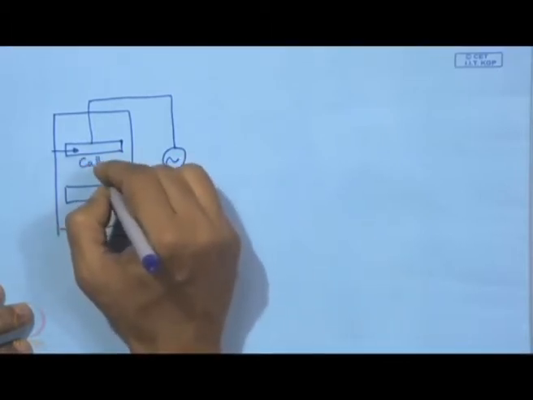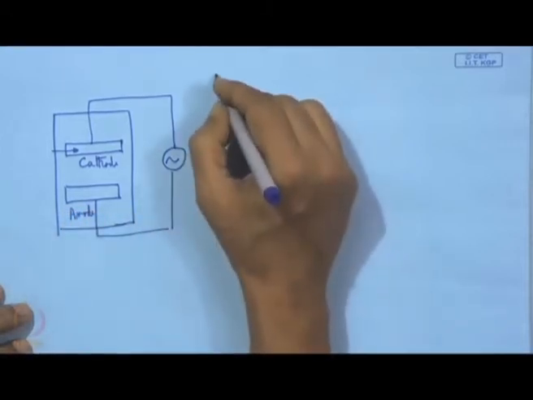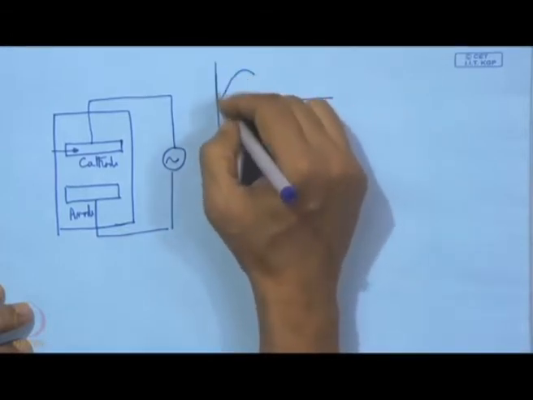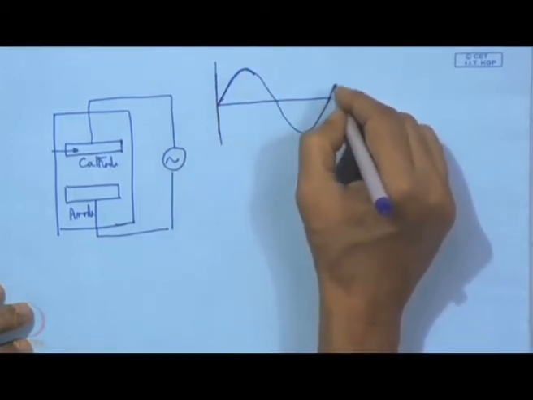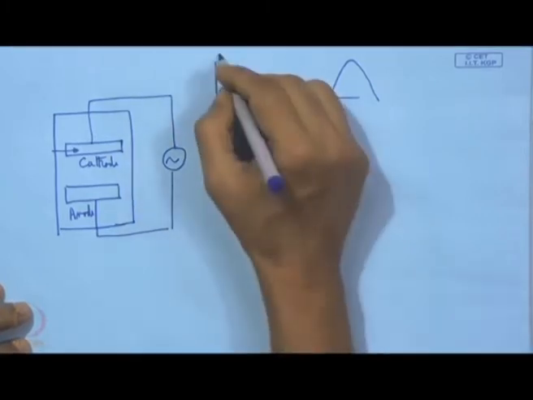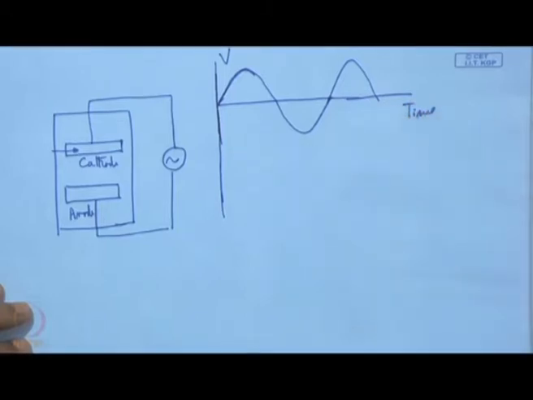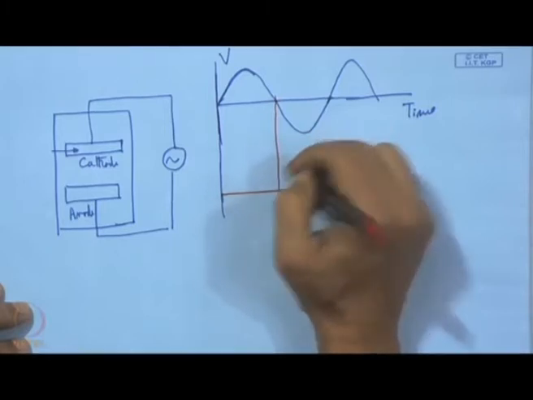So, this is cathode and this is anode, then the form will be more or less like this. This will be the positive part of the cycle and this is the negative part of the cycle. And here what would be interesting, so this is for the electrode voltage and this is time, and if we draw the current characteristics, then we can have it in this form.